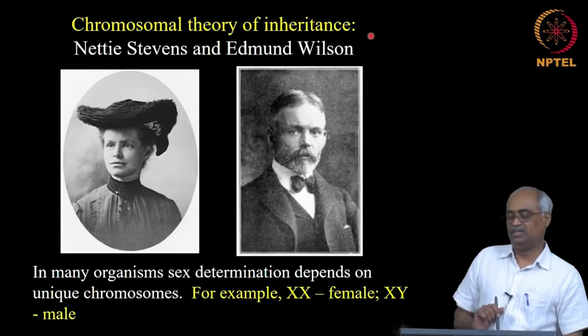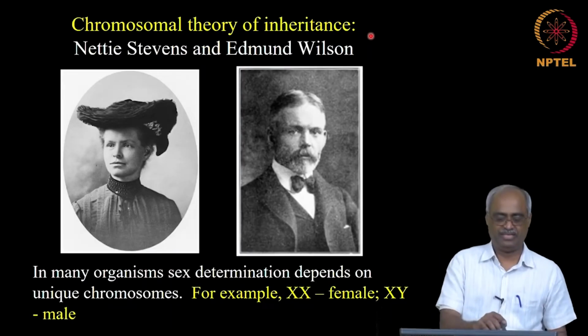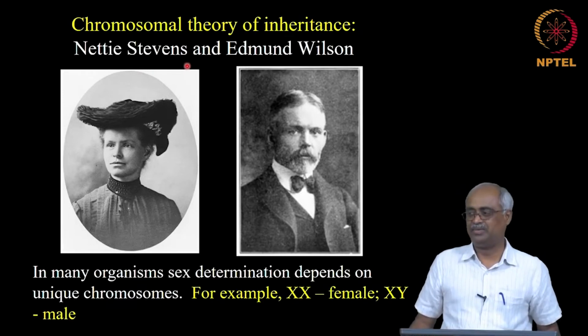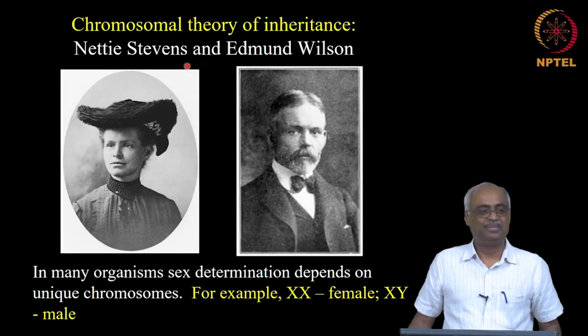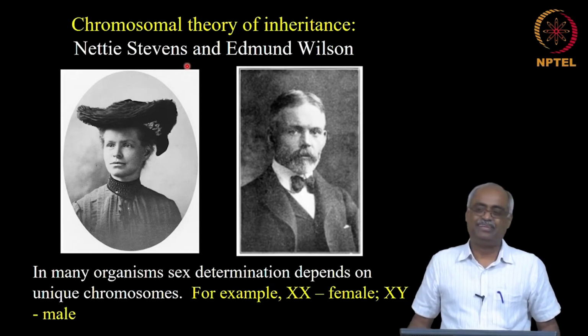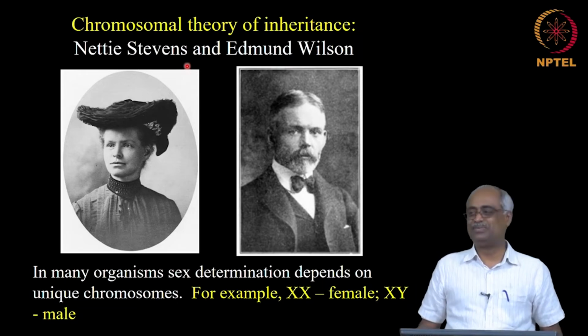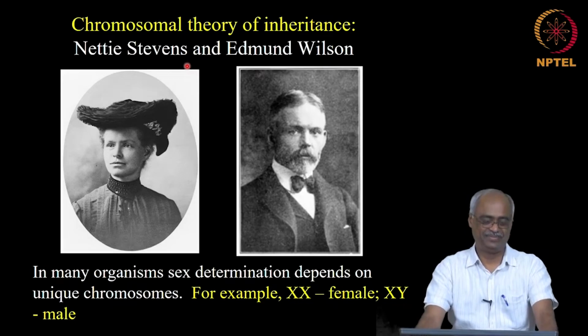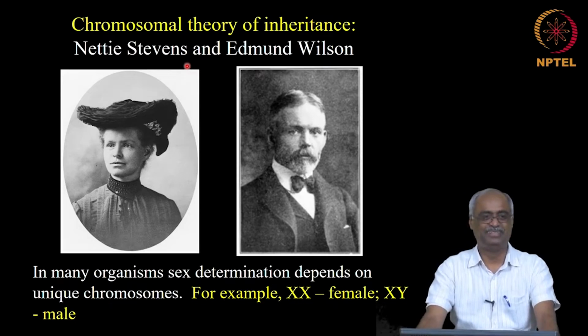And 2 other scientists: Nettie Stevens, she was a postdoc of T.H. Morgan. He is a very famous geneticist, but originally he supported cytoplasmic control of development. So, the embryologists were of 2 schools at that time.